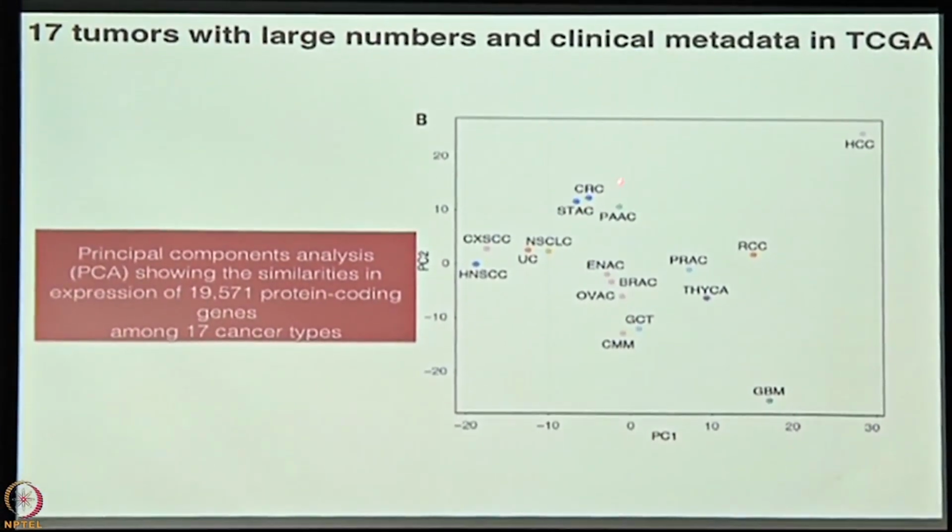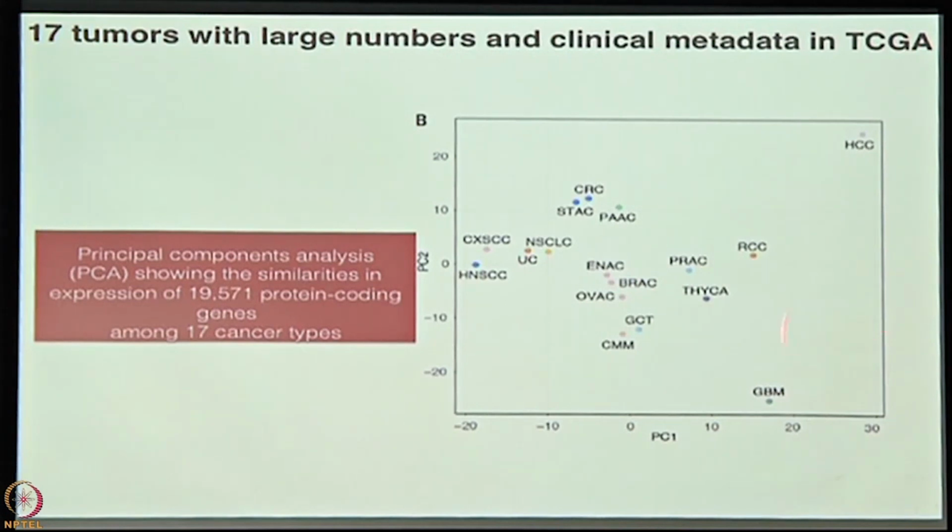This is colorectal carcinoma, that is stomach adenocarcinoma, that is pancreatic adenocarcinoma. This group which is coming here are the squamous cell carcinomas. So it's head and neck squamous cell carcinoma, cervical squamous carcinoma. If you see this group here, these are the endometrial adenocarcinomas, ovarian adenocarcinomas, and the breast adenocarcinomas. So they group together from the same system.